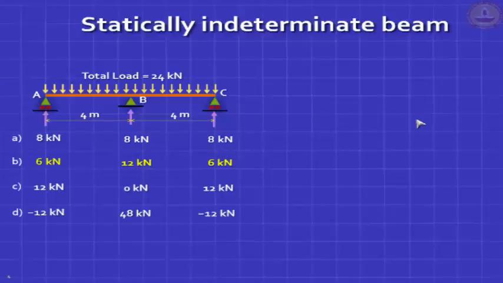Fourth option, funny option, the middle fellow carries a load which is 2 times the external load, and the other two fellows are hanging onto it and pulling it down. This also satisfies equilibrium.